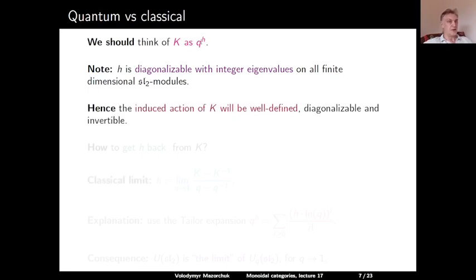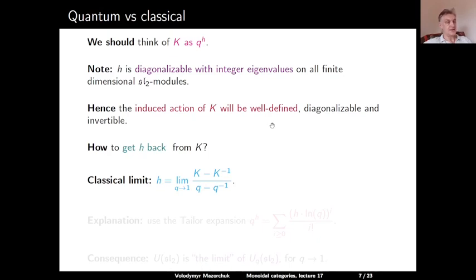Therefore, if we take q to the power an integer, we will always get a non-zero complex number. Hence, it follows that the action of K will also be well-defined, diagonalizable, and invertible on all analogues of such modules. And the question is how to get H back from our K.